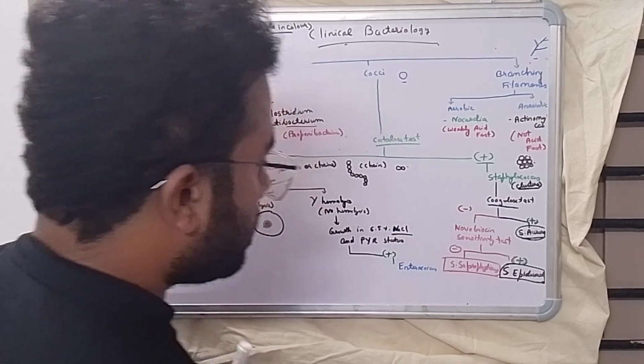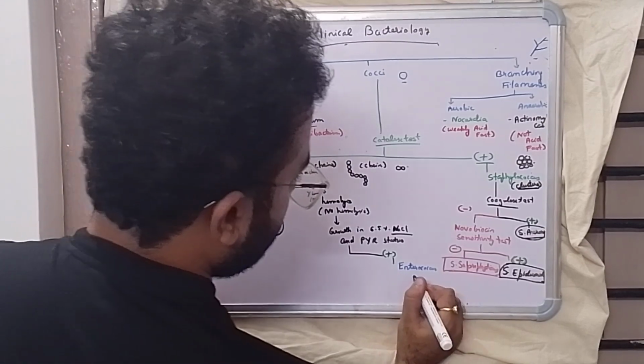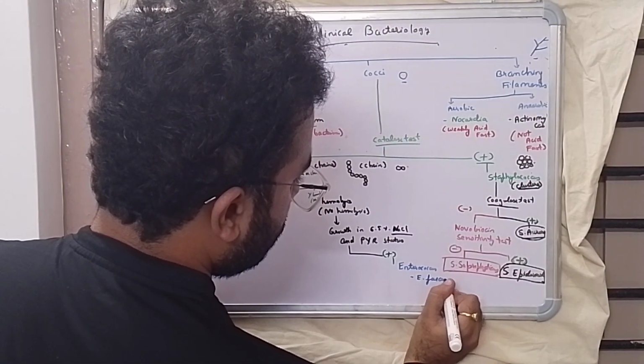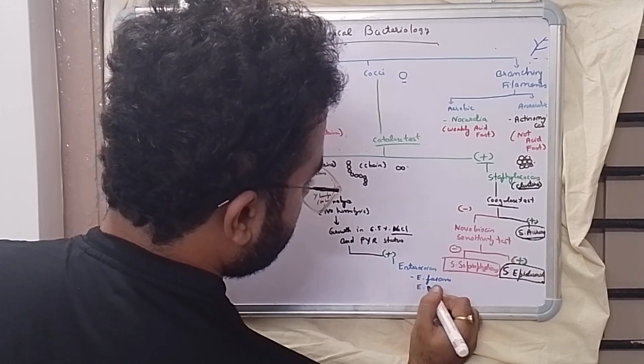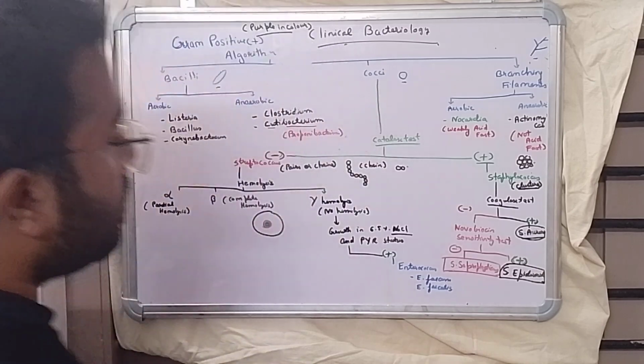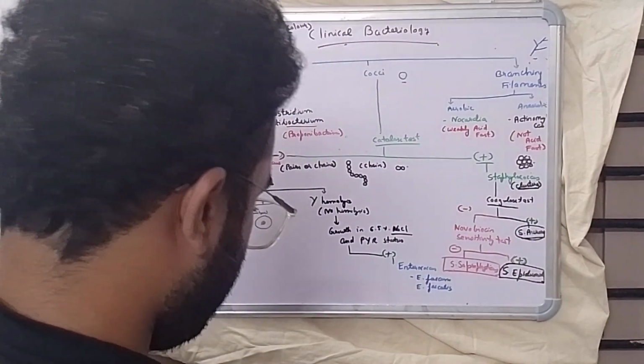Examples of Enterococcus are E. faecium and E. faecalis.